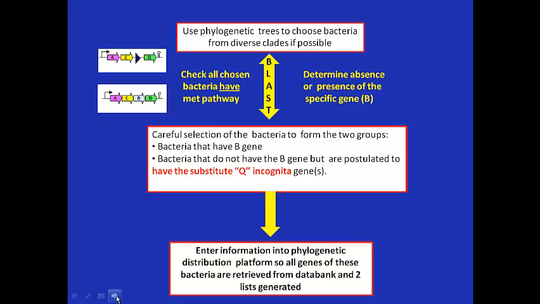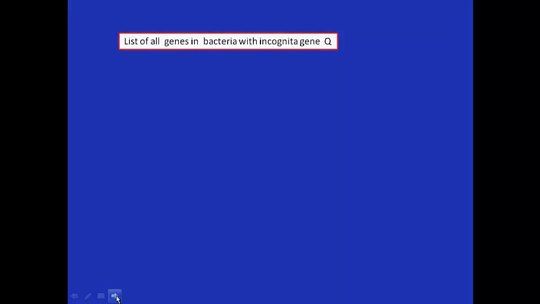Oversimplified, the phylogenetic profiler analysis can be explained in the following way. After we load the names of the bacteria, the information of these bacterial genomes is retrieved from the platform data bank and two different gene lists are generated.